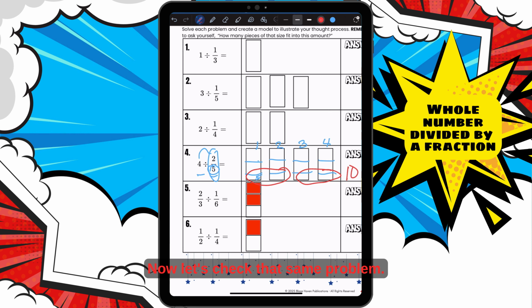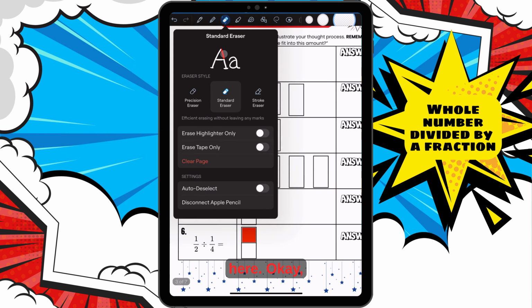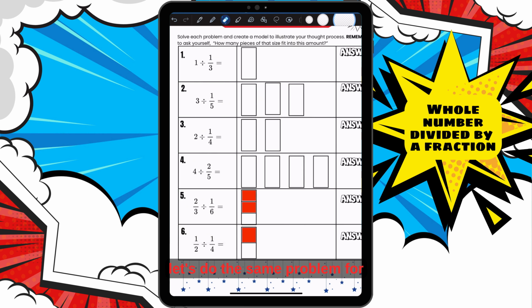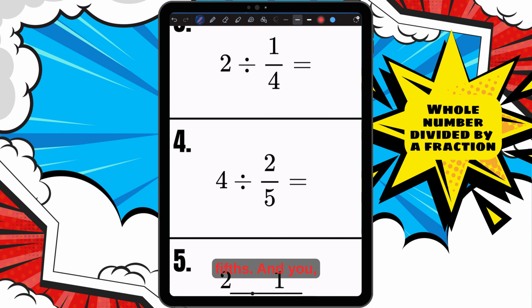Now let's check that same problem using keep, change, flip. Let's do the same problem, 4 divided by 2/5.